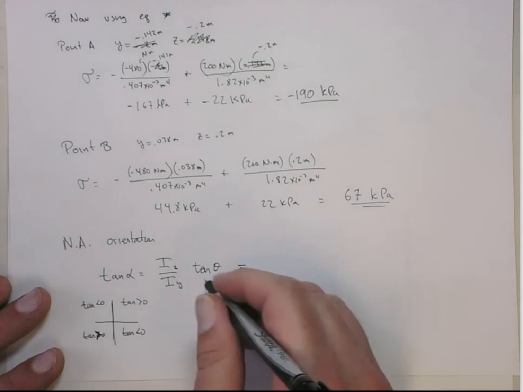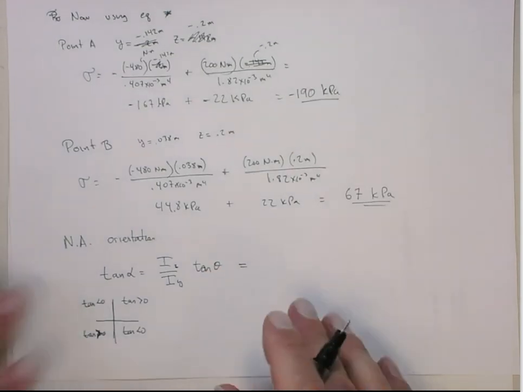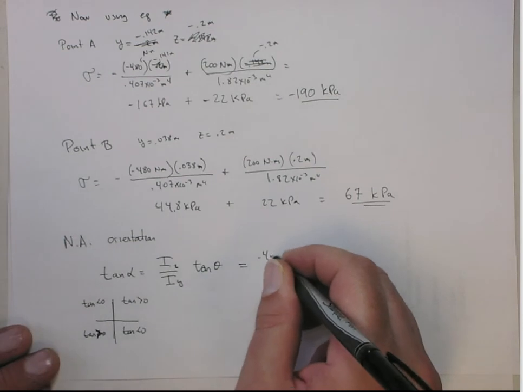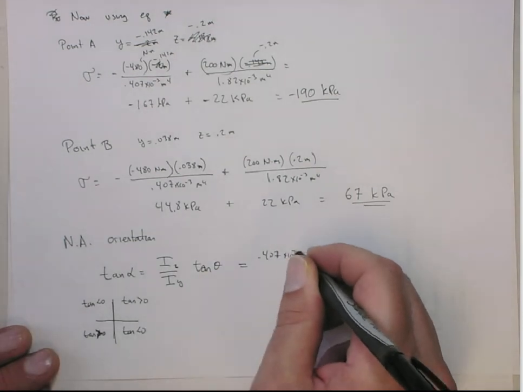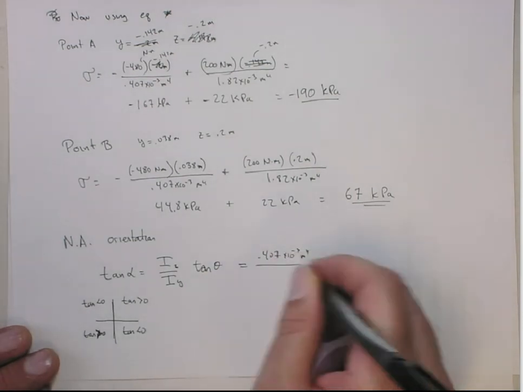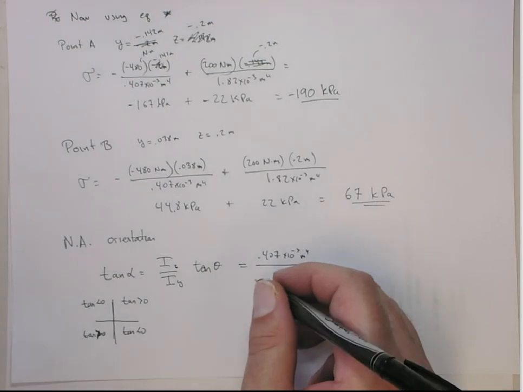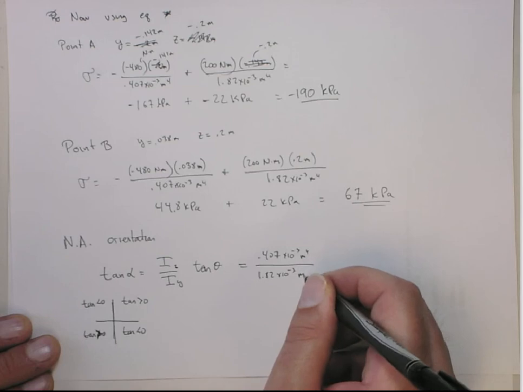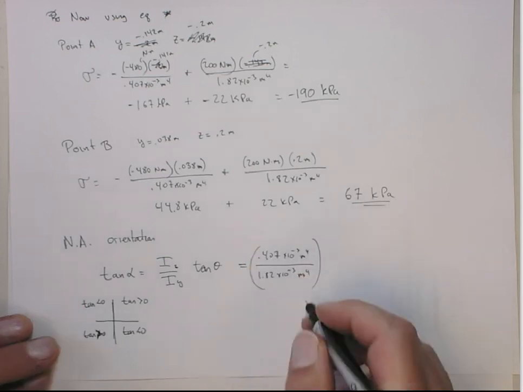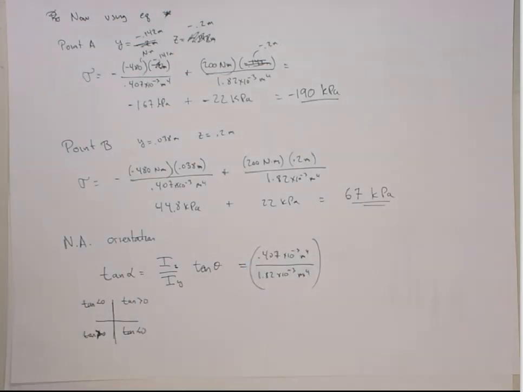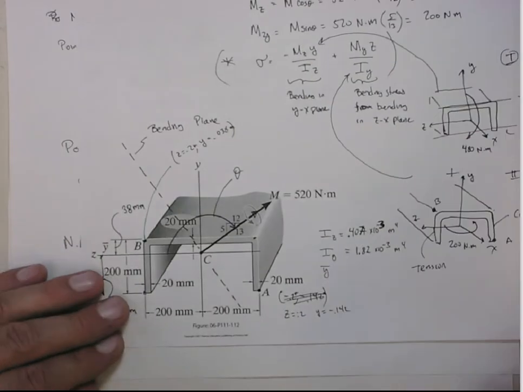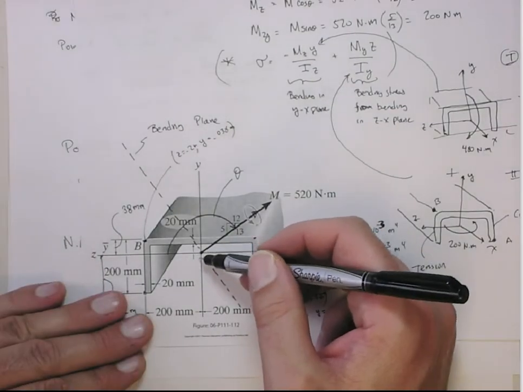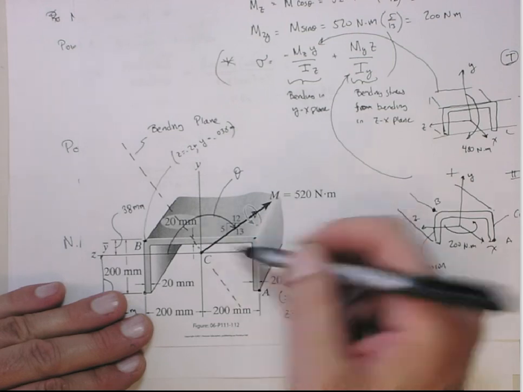So this is IZ over IY. Now IZ, we computed before, this is 0.407 times 10 to the minus third meters to the fourth over the IY, which is the 1.82 times 10 to the minus third meters to the fourth, times the tangent of theta. And if you look at this, tangent of theta is rise over run. So the rise of this angle is 5. The run is minus 12.